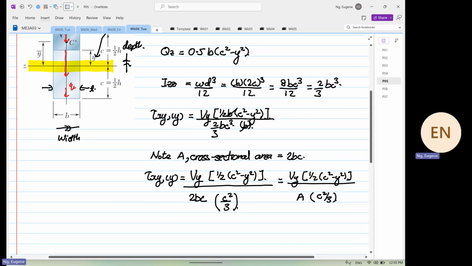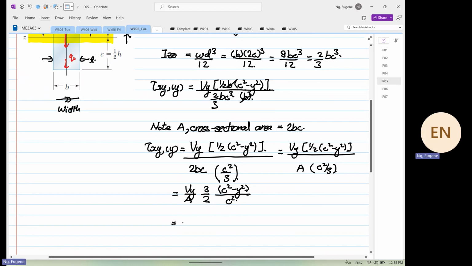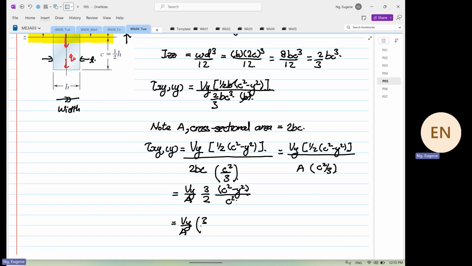When we move things around, you have Vy over A, then you have 3 over 2, then over here you have C squared minus Y squared, and the bottom part you have your C squared. You put everything in: Vy over A, 3 over 2, you will have 1 minus Y squared over C squared.